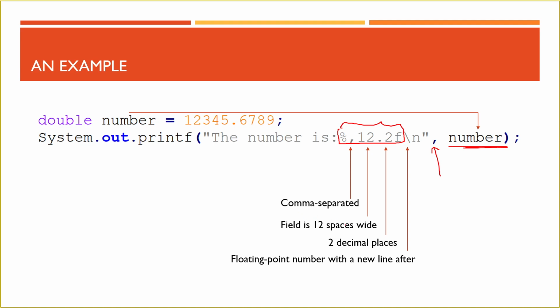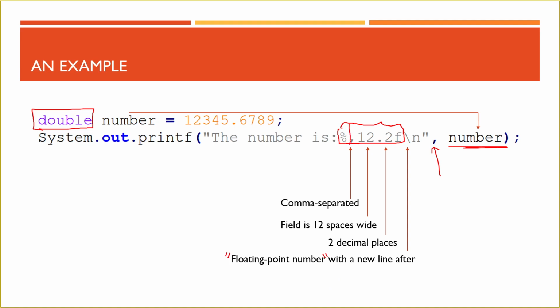I want this field to be 12 spaces wide. I want it to have 2 decimal places, and it's a floating point number, right? It is a double, but a floating point number just means that it has decimal values, right? So that is the F here. That's my conversion character.